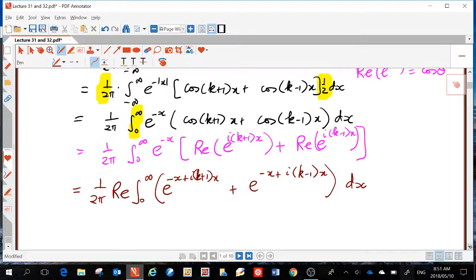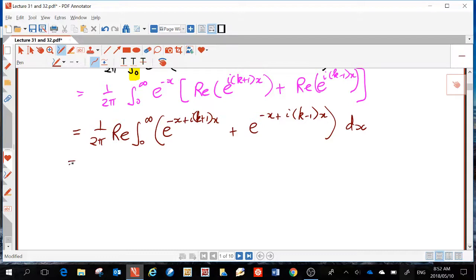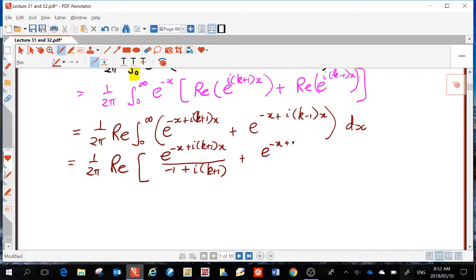It makes the integration a lot easier. So this becomes 1 over 2 pi real part of: integrate this, it will be e to the minus x plus i(k plus 1)x over minus 1 plus i(k plus 1), plus e to the minus x plus i(k minus 1)x over minus 1 plus i(k minus 1). And the limits are naught to infinity.